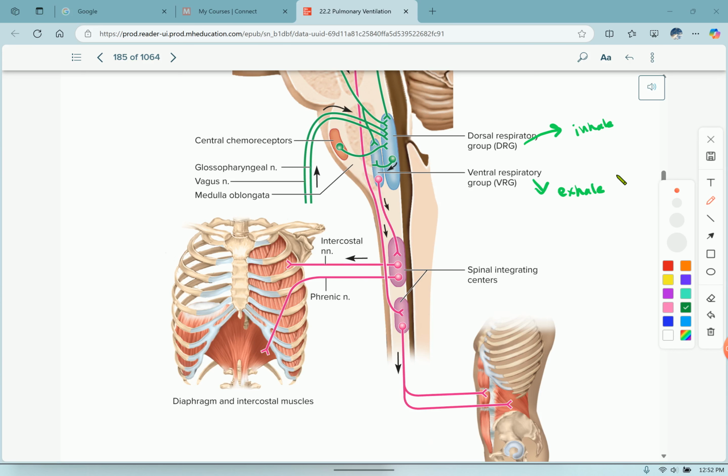At some point, you stop and you turn it around and you start to breathe out. And you also don't just continue to exhale. At some point, you just stop, and neurologically, the body can turn it around and you start to inhale. So you have this reflex mechanism of inhale and exhale, and it follows kind of a very natural rhythm. But the reason why is because of the DRG and the VRG.